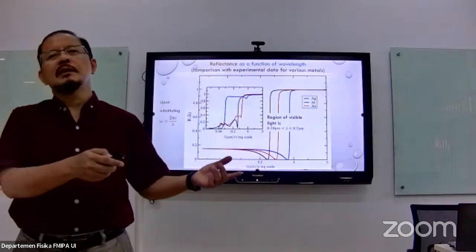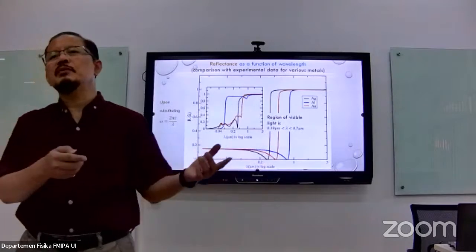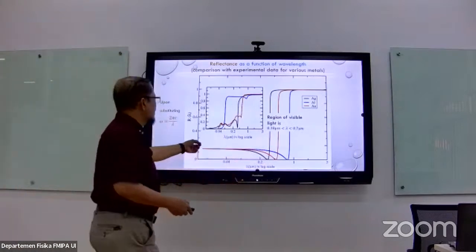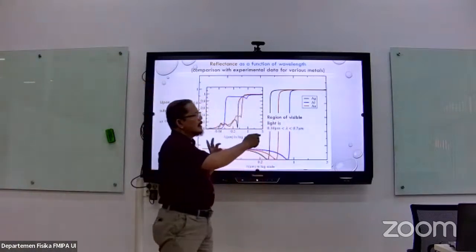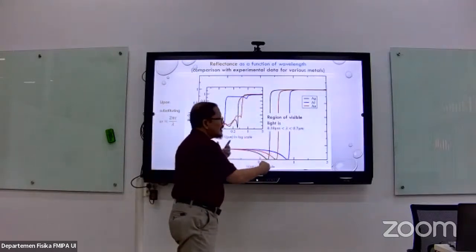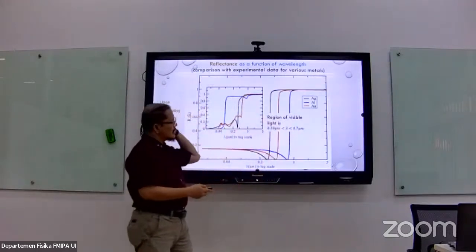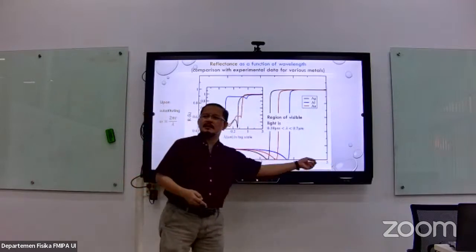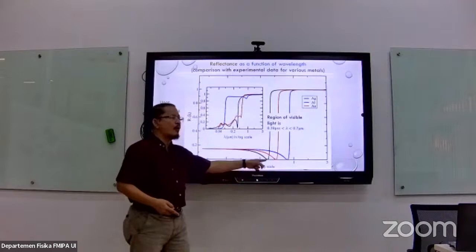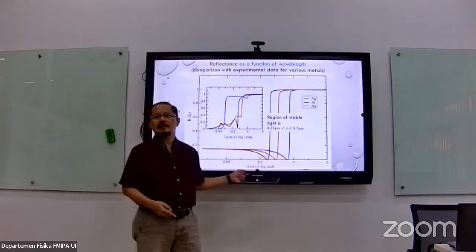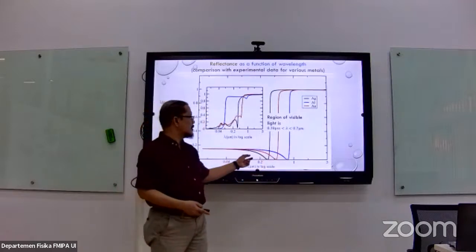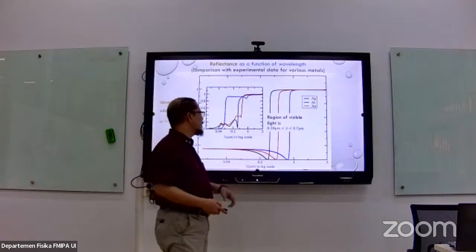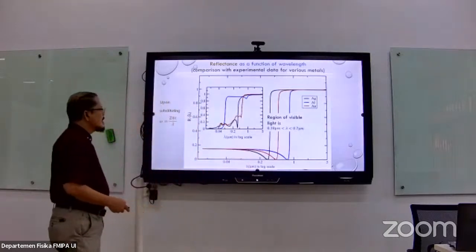This is nothing but another way of showing the same curve, only that the horizontal axis is converted from omega to lambda. That shouldn't be very difficult for you to digest.